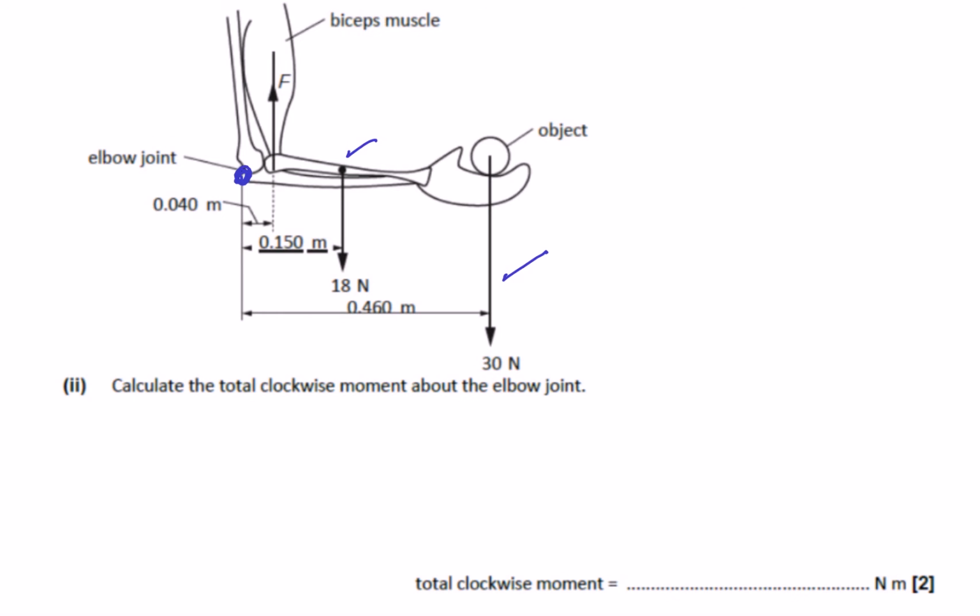So if we add those two moments together, we're going to have 18 times 0.15 plus the moment from the 30 newtons, which is going to be 30 times 0.460, which comes to 16.5, which is two significant figures, because both the forces are two significant figures, so that is 17 newton meters.